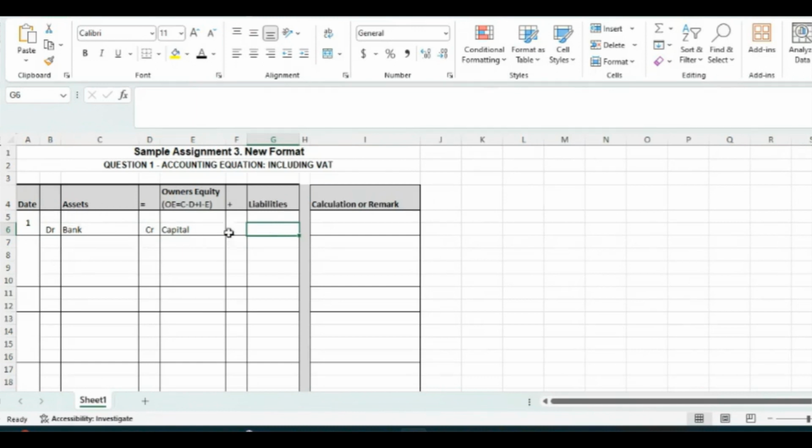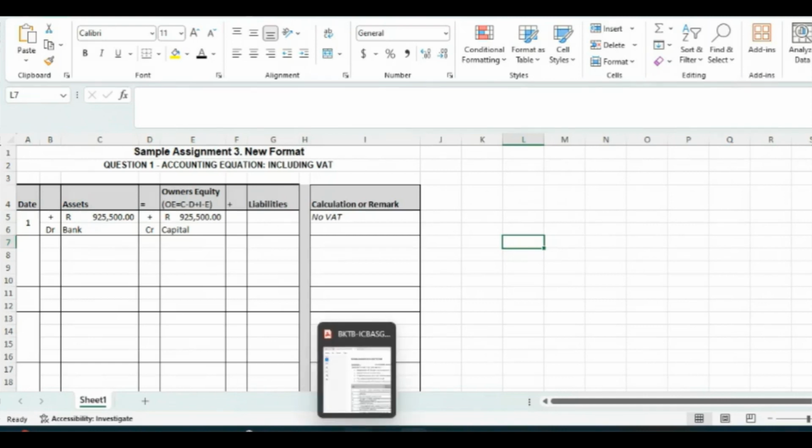Okay, but of course I just prefer to do it this way. I identify the accounts first, and then after identifying the accounts, I say that there is an increase of that full amount in my bank, and there is also an increase in my owner's equity of that same amount. Okay, and here I've given you a remark. I said there is no VAT applicable to this transaction. So that is for the first transaction that we have.